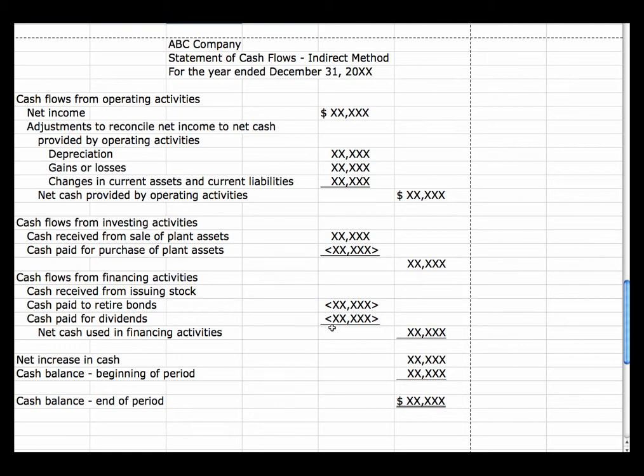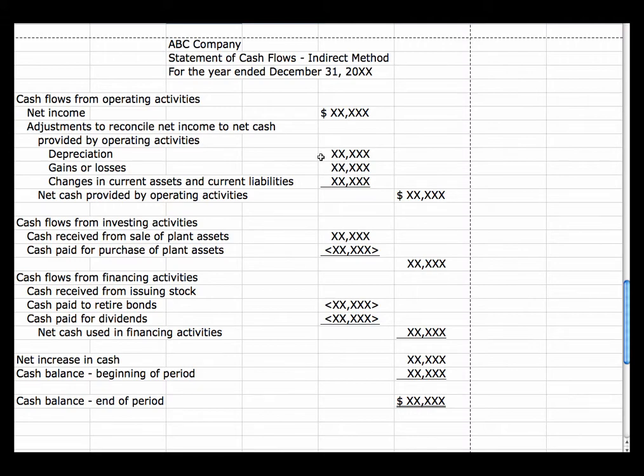However, because net income also has several non-cash items in it, we have to adjust net income to reflect the non-cash transactions, where we either have to add back or deduct the values that are included in net income. So you start with net income, and for instance, depreciation, as an expense, is a reduction of net income. So we have to put that back in because it wasn't a cash item.